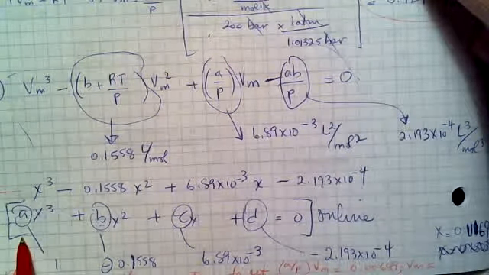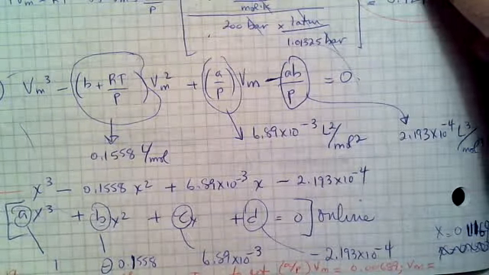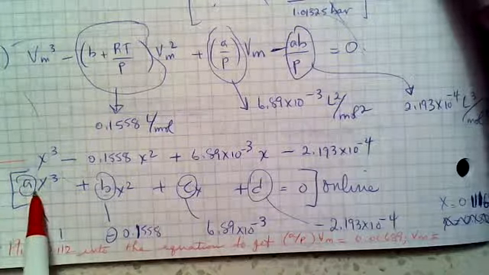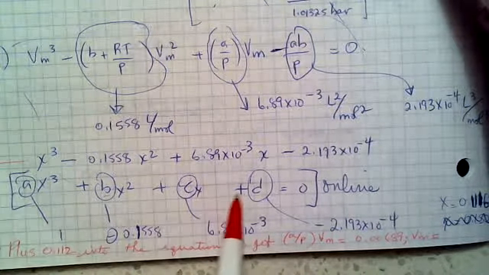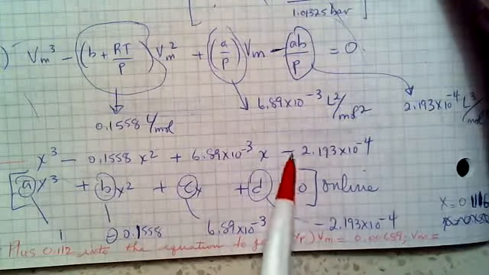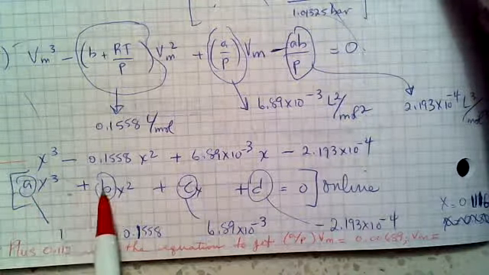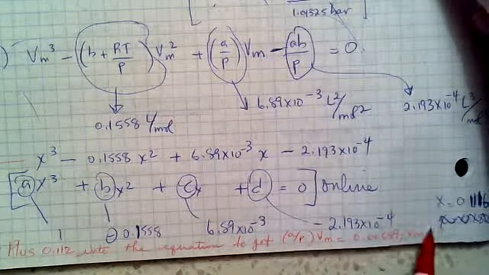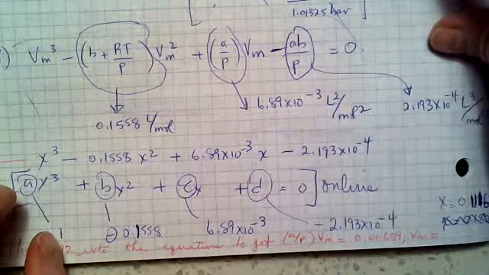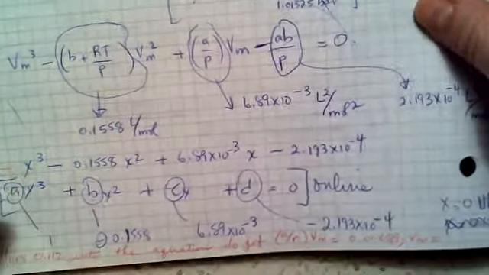I have my equation online that I plug into my little program, and it says here's the equation: ax cubed plus bx squared plus cx plus d is equal to 0. So line that up, and they ask you to plug in your values for a, b, c, and d, and they'll give you the real root, and the real root was returned as 0.11169.